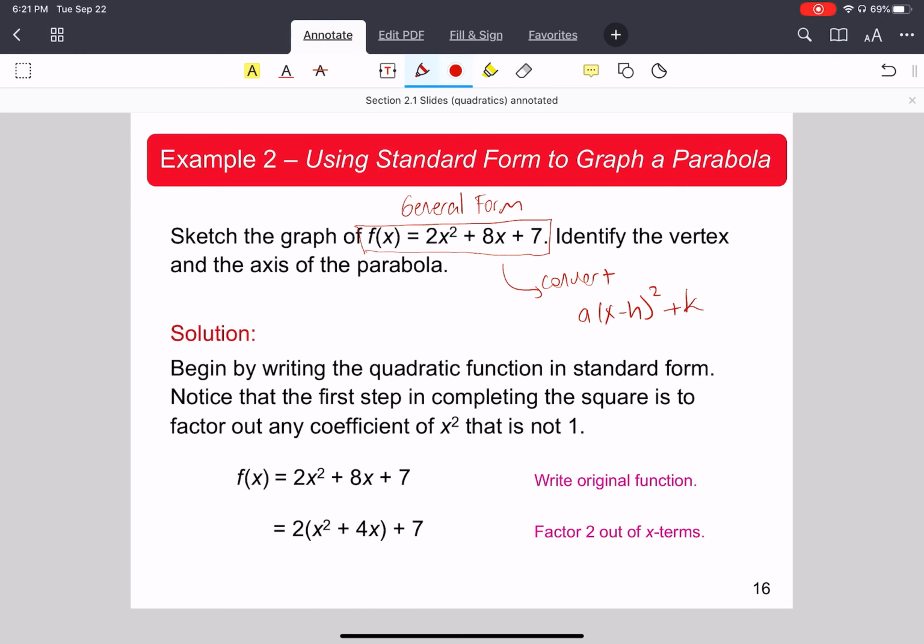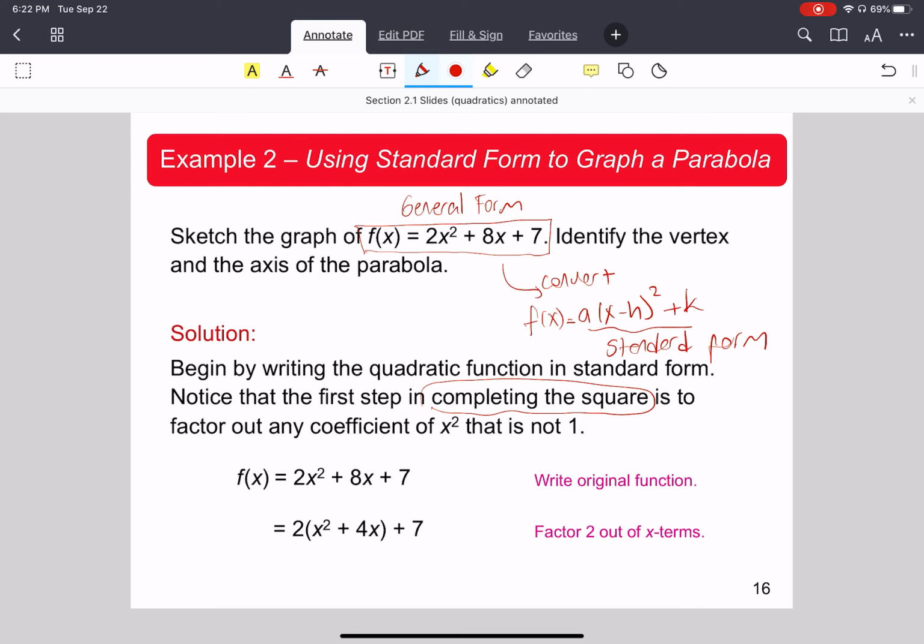This is what we call the standard, or the vertex form. The way we convert this is we use this idea called completing the square. You may remember from your previous algebra knowledge, we're going to use completing the square to convert from general form into the standard form.